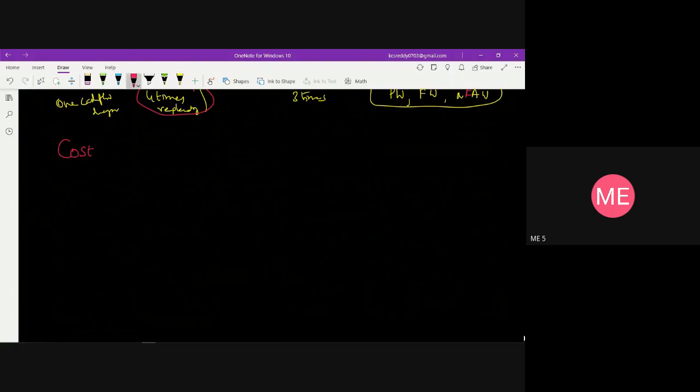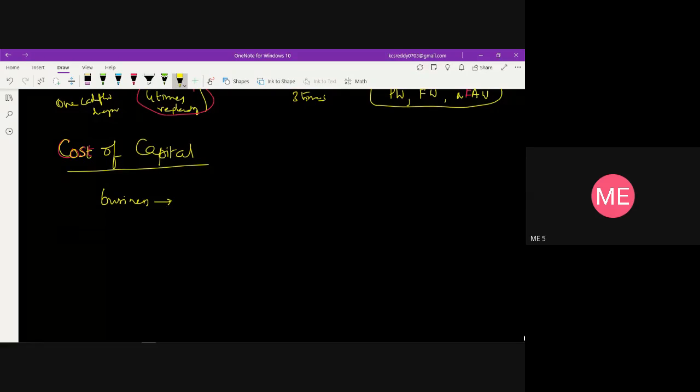Cost of capital. For any business, if I want to run any business without the amount, we can call it in business terms capital, without the capital we cannot run the business.